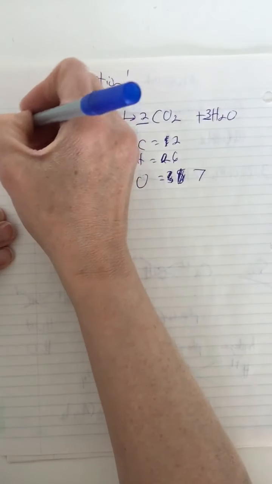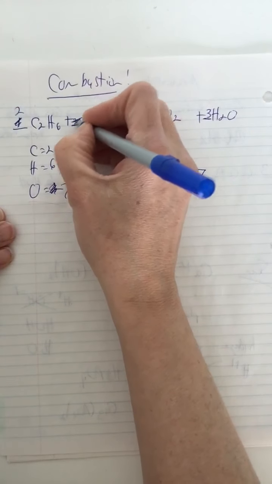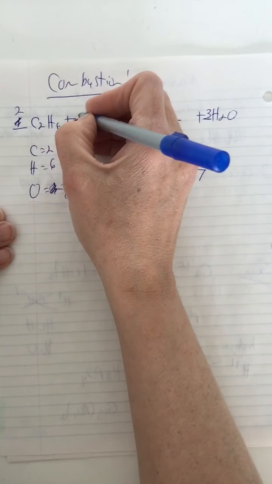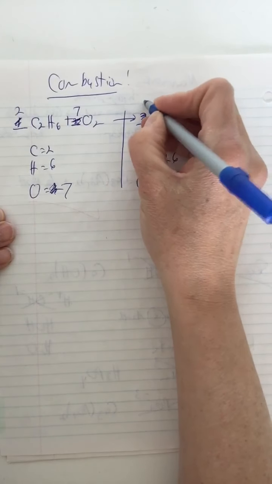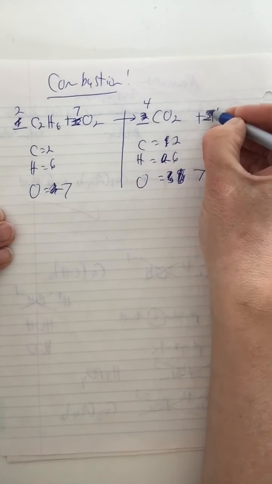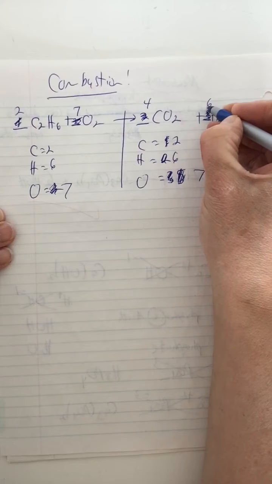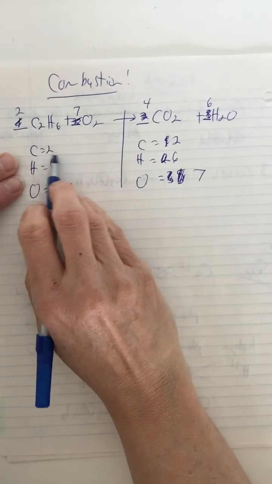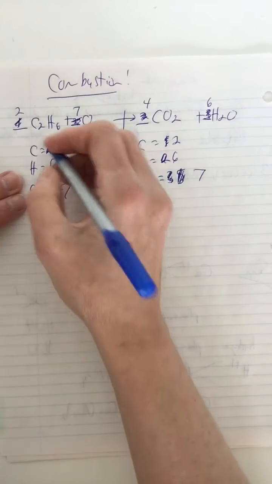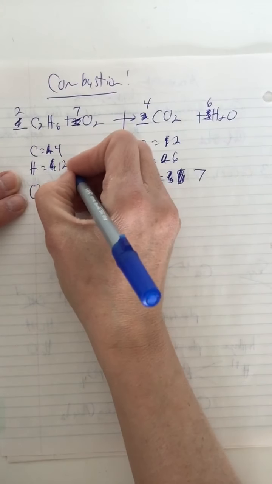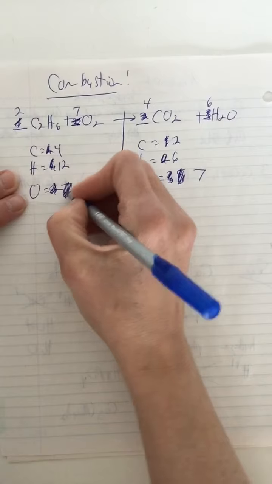So 1 times 2 is 2. 2 times 3.5 is 7. 2 times 2 is 4. 2 times 3 is 6. So when you add it all up, you can see carbons I have 4, hydrogens I have 12, oxygens I have 14.